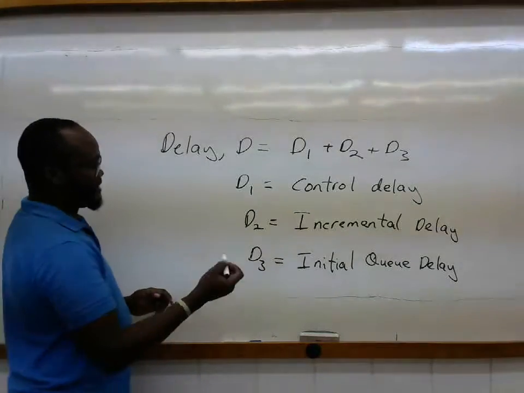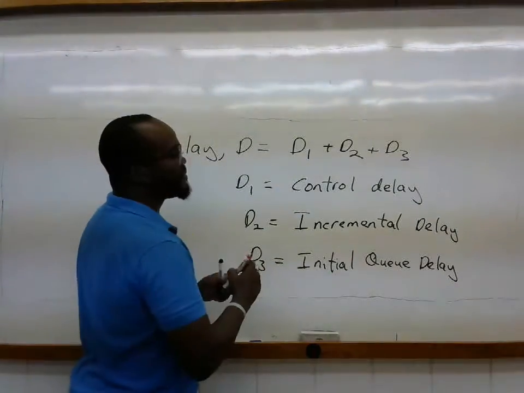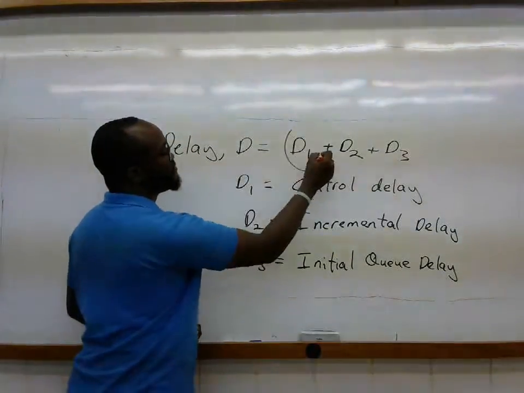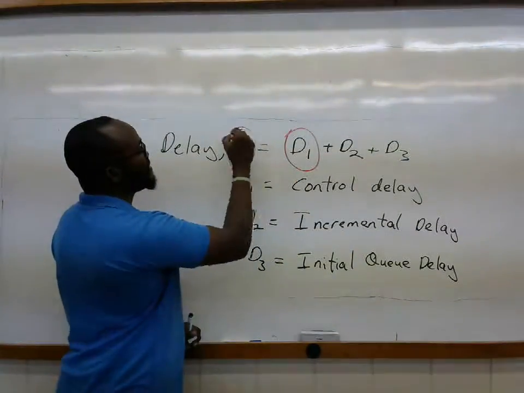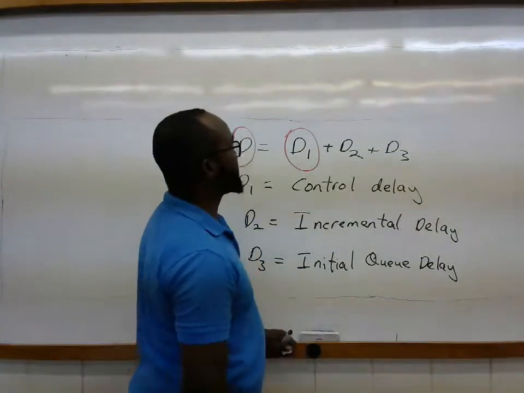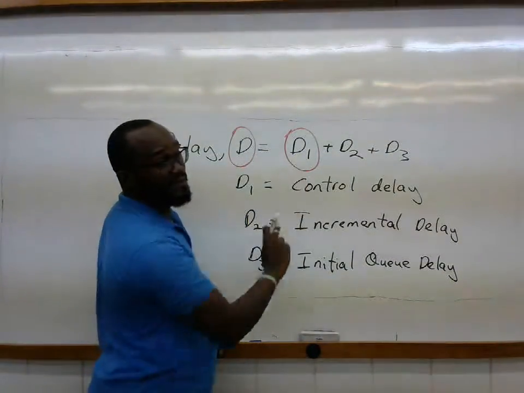Okay, so just to reiterate, we will be focusing on D1. So our computation would be delay D, which we will use to compute our level of service. It will be strictly based on the first term.